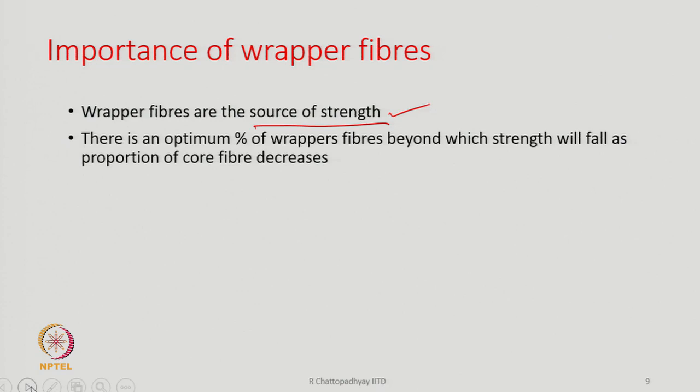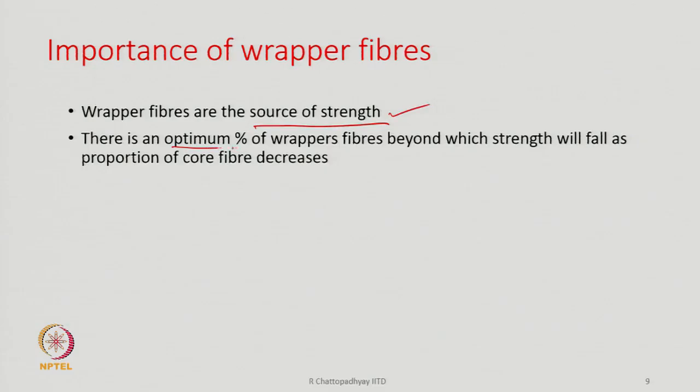Then there is an optimum percentage of wrapper fibers beyond which strength will fall, because if wrapper fibers become more and more, that automatically means core fibers will be less and less. So, there is an optimum value of wrapper fibers. Otherwise, the more wrappers we form, the fewer core fibers there will be, and the core fibers are also going to support the load, and wrapper fibers are going to generate transverse pressure.